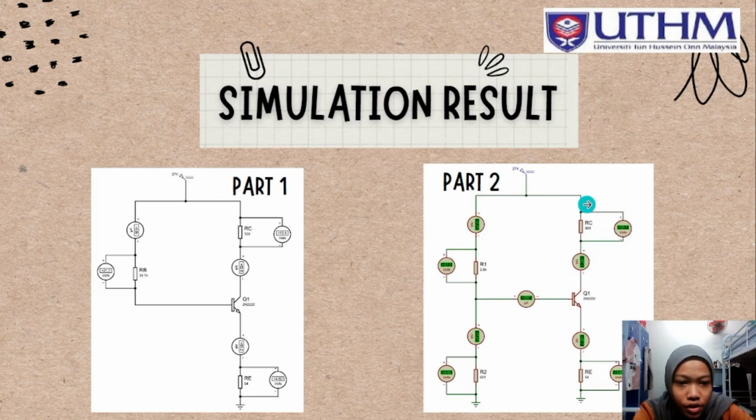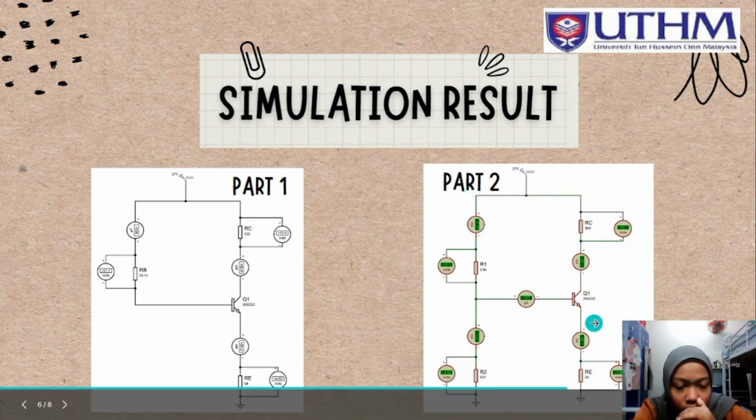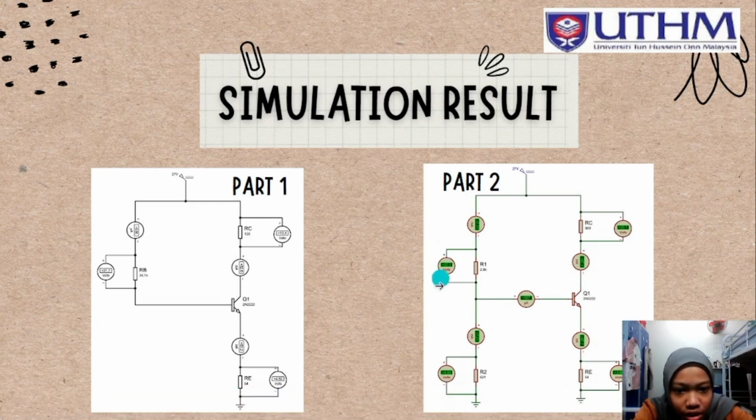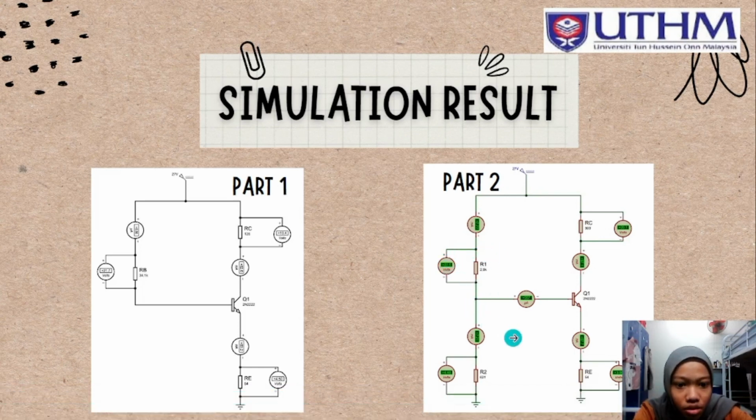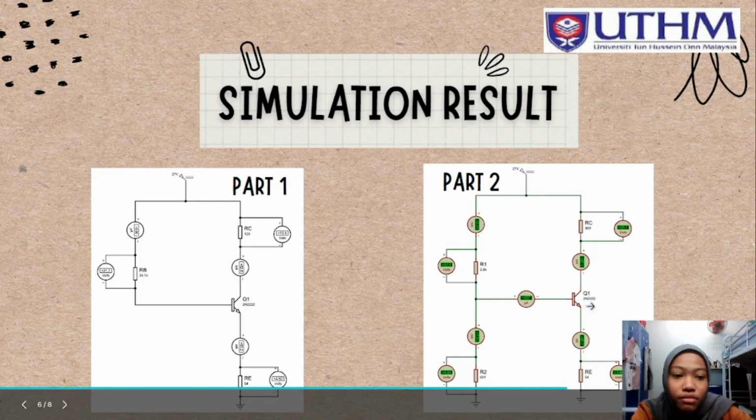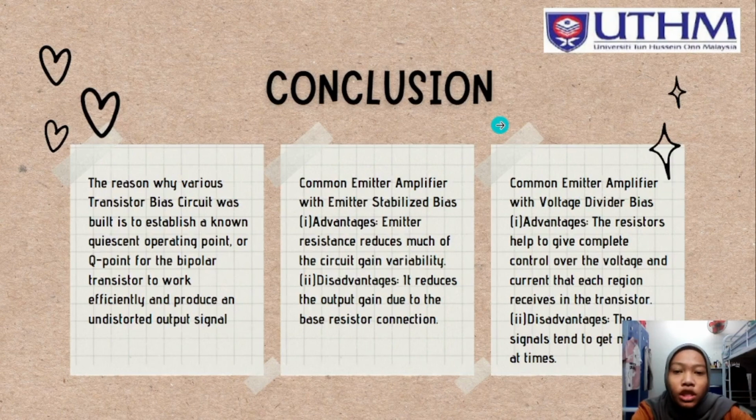For this part we use 27 volt and the same transistor, and we get voltage of collector is 20.1 volt, and this is the current of collector, this is the current of base, and this is the current of emitter, and this is the voltage we get on the resistor in this part.